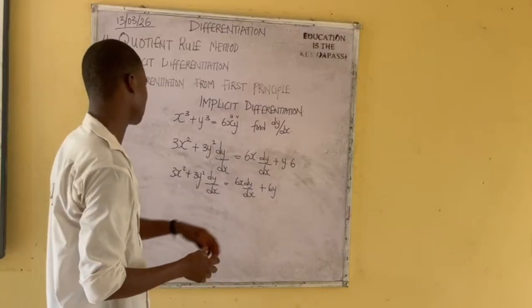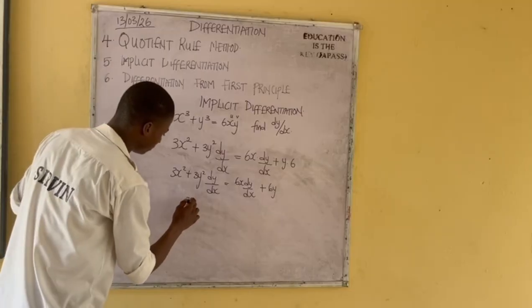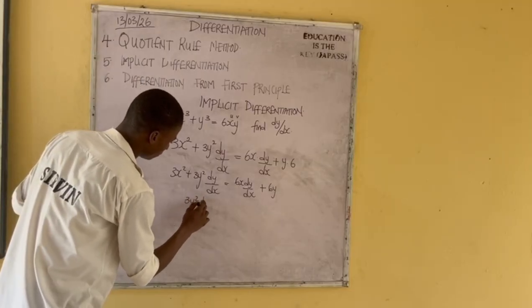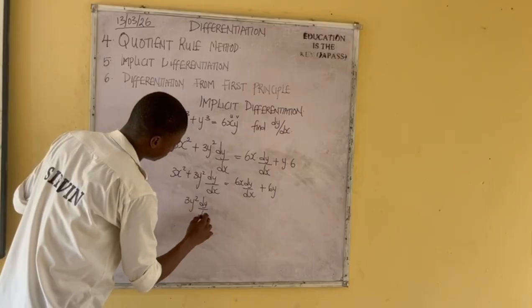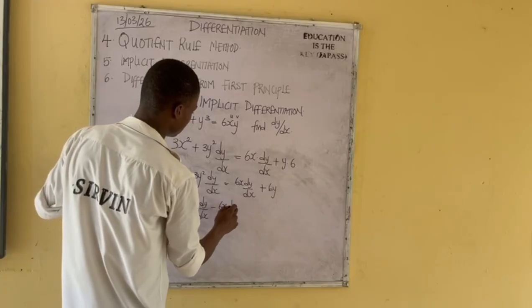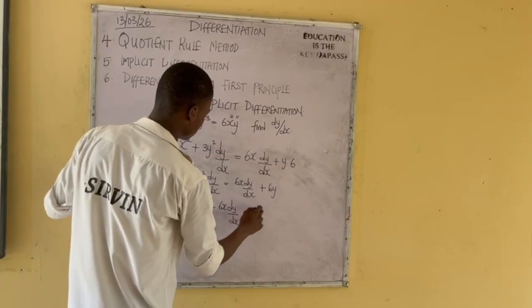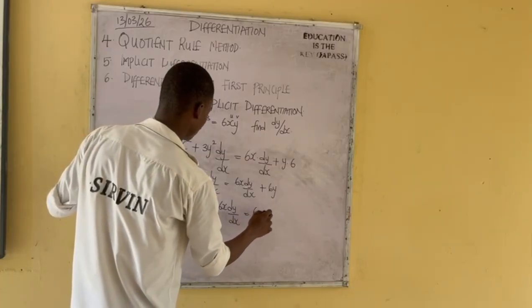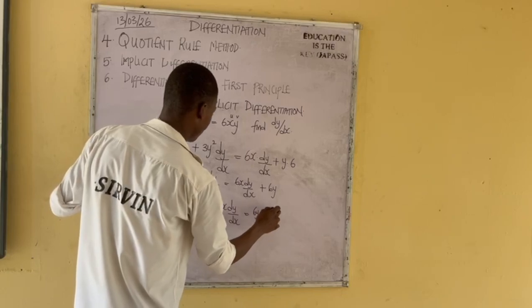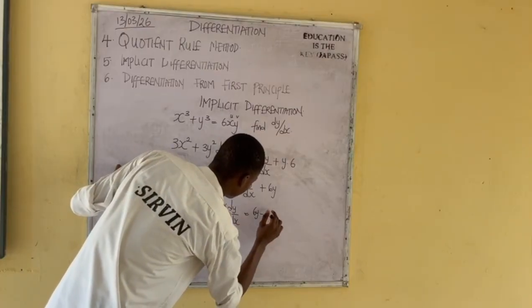Now, take anything that has to do with dy over dx to the left-hand side and the other terms to the right-hand side. So I'm having 3y squared dy over dx minus 6x dy over dx equal to 6y minus 3x squared.